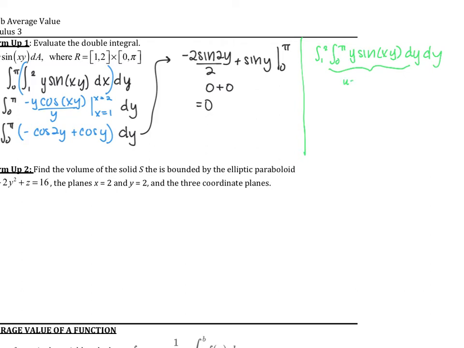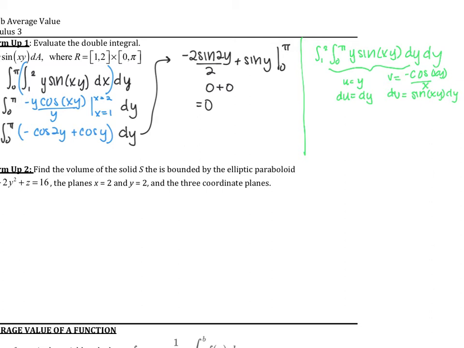We would let u equal y, so du would equal dy, and dv would be sine of xy dy, which means v would be, like before, negative cosine of xy over x.